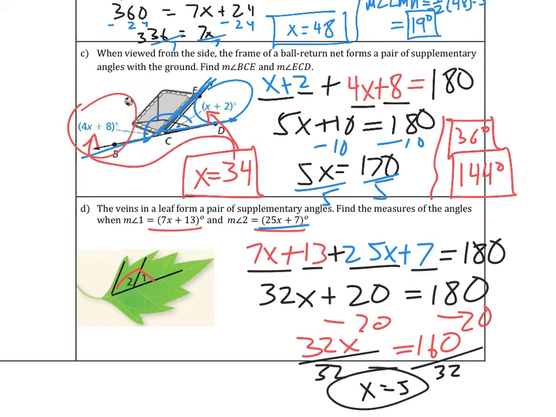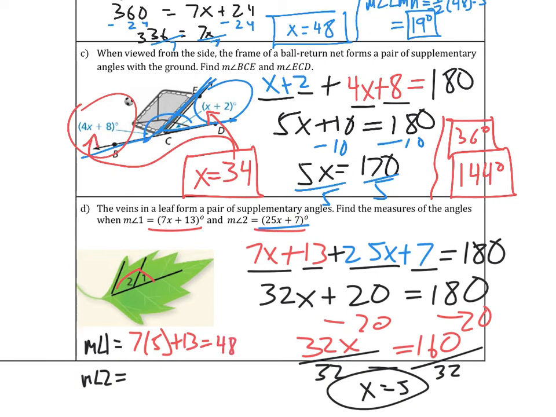X is 5. The question was not what is x. The question is, what is the measure of the angles? Well, angle 1 and angle 2. So angle 1 is 7 times 5 plus 13. That's this guy right here. Okay. And that's going to give us 35 and 13, which is 48.